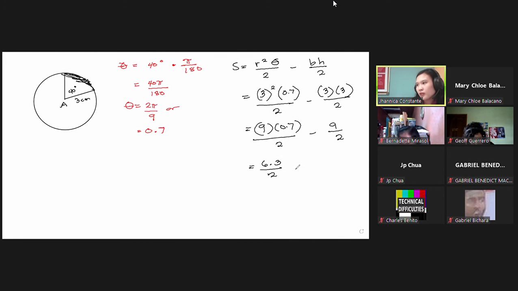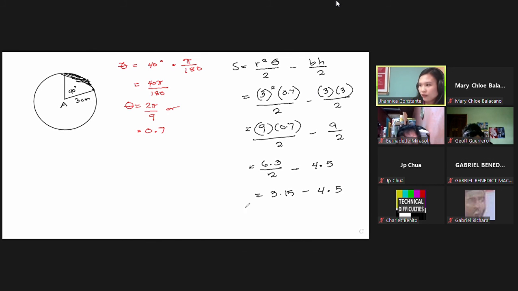6.3 over 2 minus 4.5. So 6.3 divided by 2 is equal to 3.15 minus 4.5.